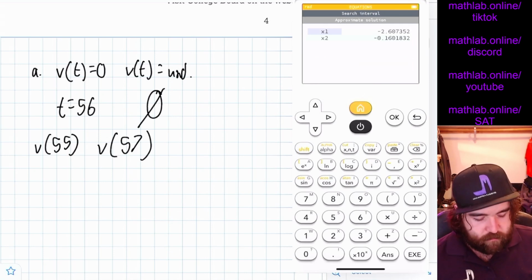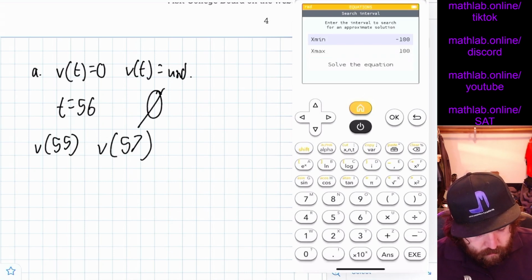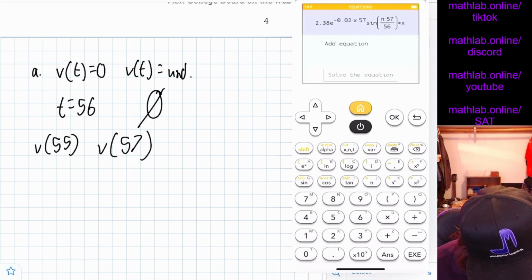How is there two values for x? Oh, because I left an x here.